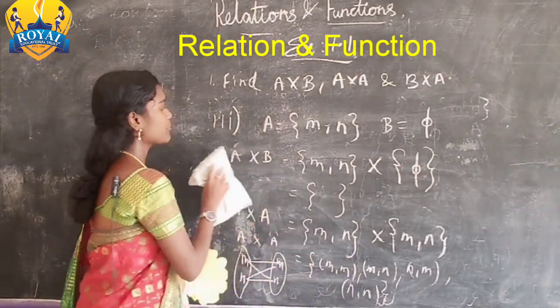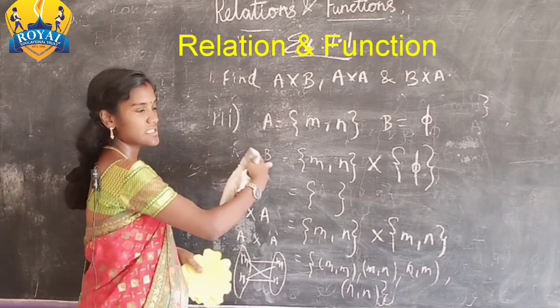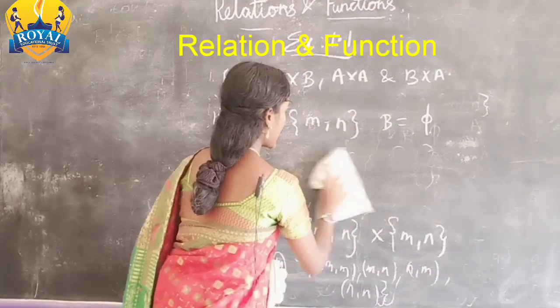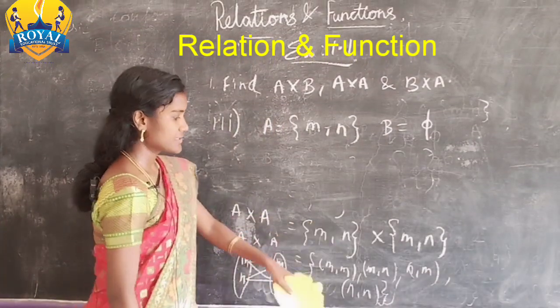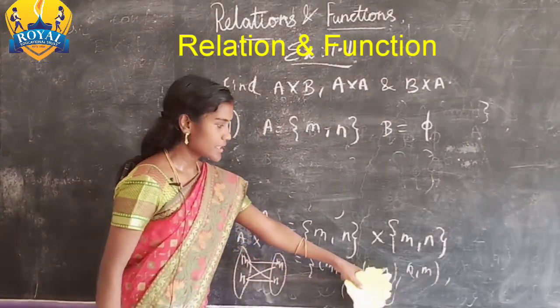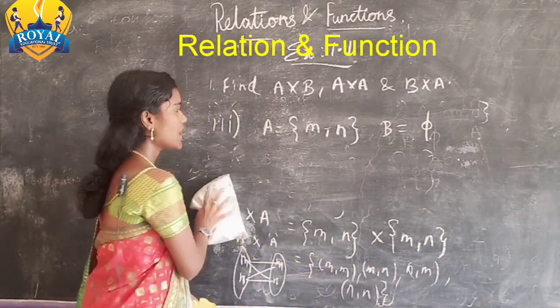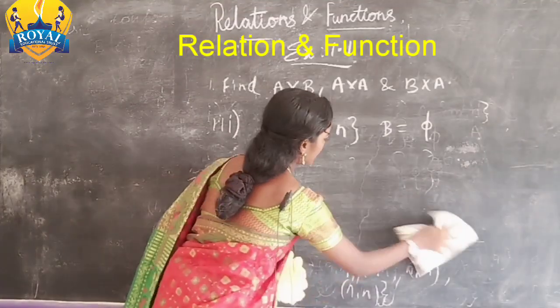Okay. The last is B cross A. First A cross B, you find the answer is empty. Then A cross A, the answer is (M, M), (M, N), (N, M), (N, N). The last is B cross A.